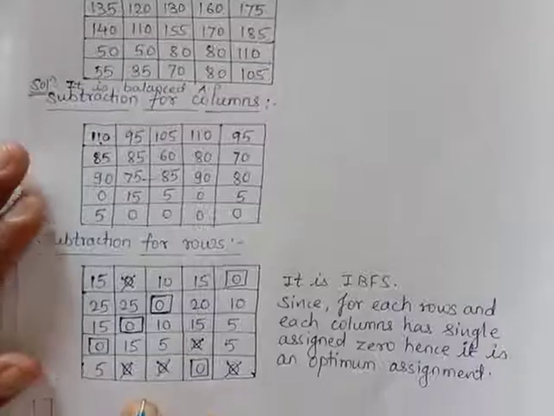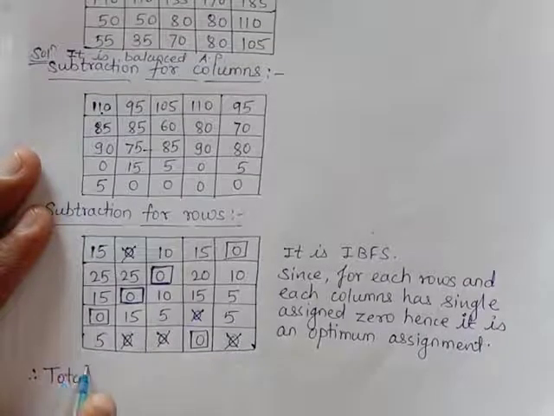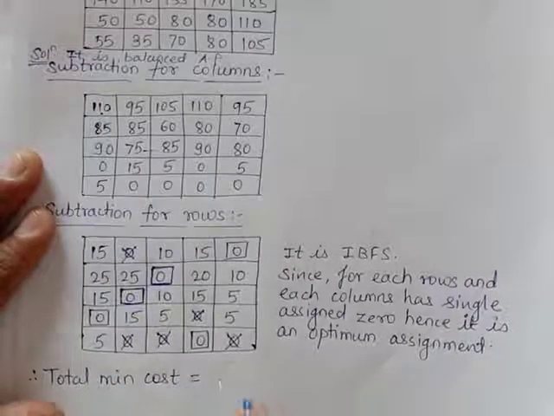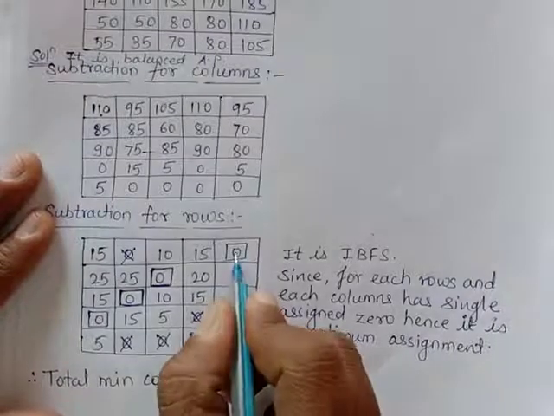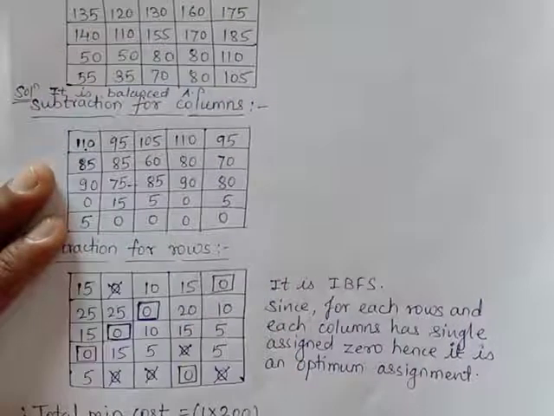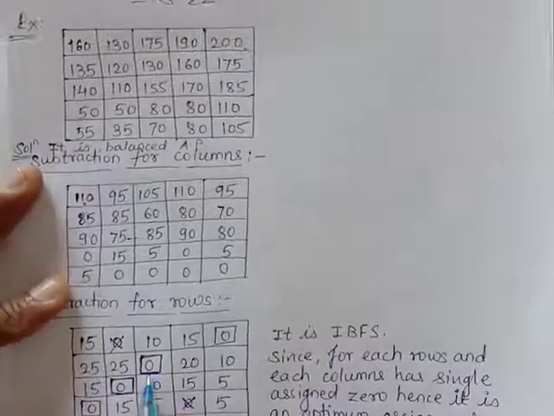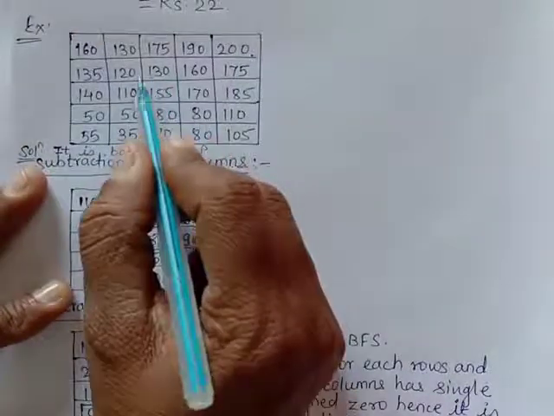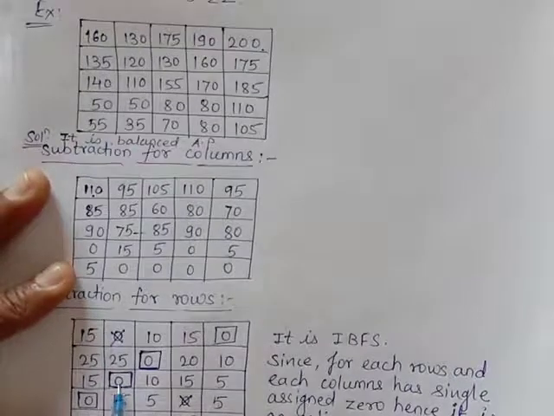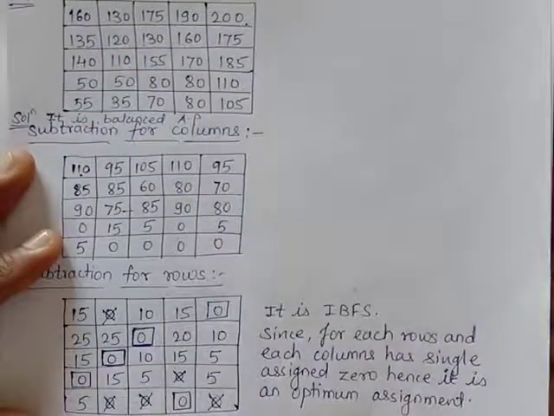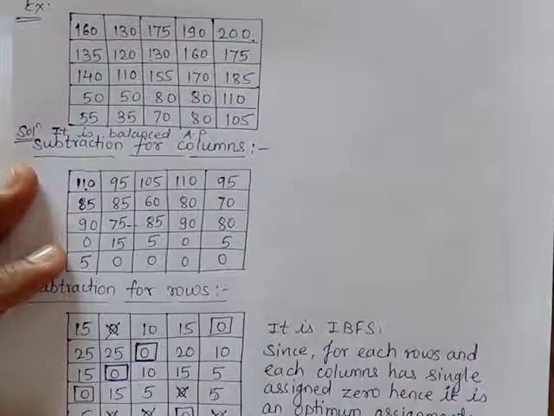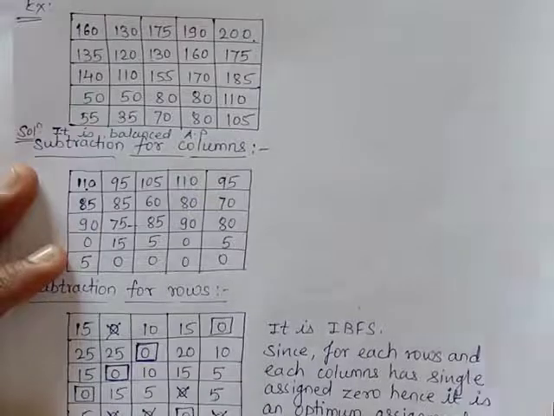Therefore, the total minimum cost. What was the cost? Here 1 into, at the 5th position, what was the cost here? 200. So 1 into 200 plus 1 into, at this position, what is in the original matrix? You should look, it is 130. So 130 plus 1 into, at this position, 110, plus 1 into, what is here? 50 plus 1 into, what is here?